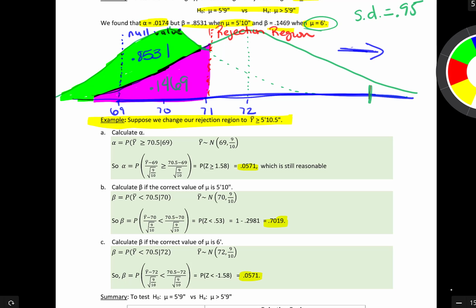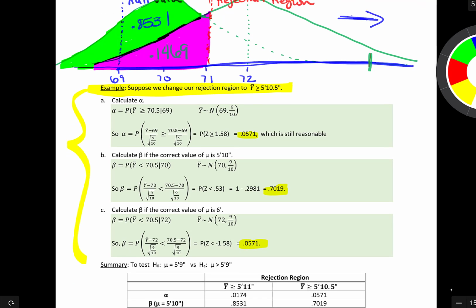But what you're going to see in this example is we get much more reasonable values for beta, because we've taken our rejection region and pushed it closer to the null hypothesis, not further into the alternative. So take a moment and look over this example and see how those values change.